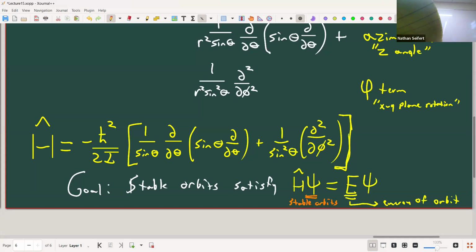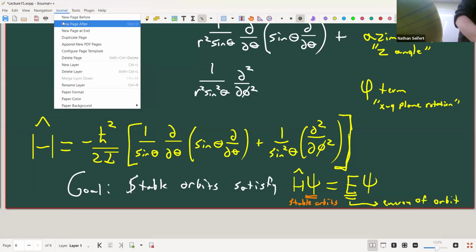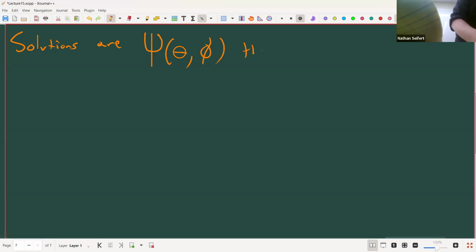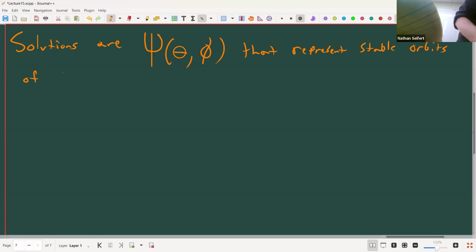And in fact, it turns out, this is one of the cool things, that the solutions to this problem have been known for a long time. So the solutions are wave functions psi, which are functions of theta and phi that represent stable orbits of some fixed angular momentum.